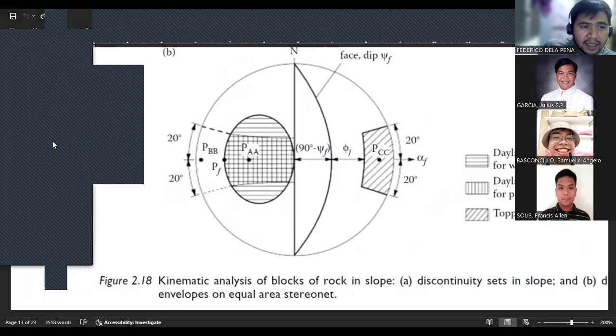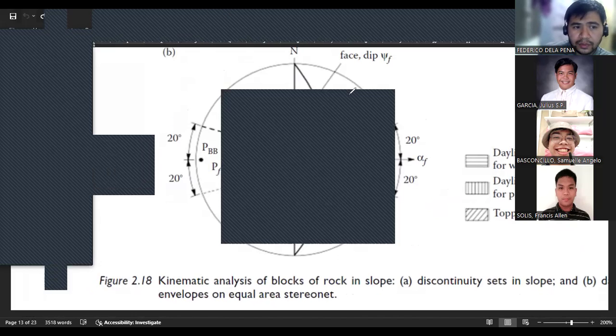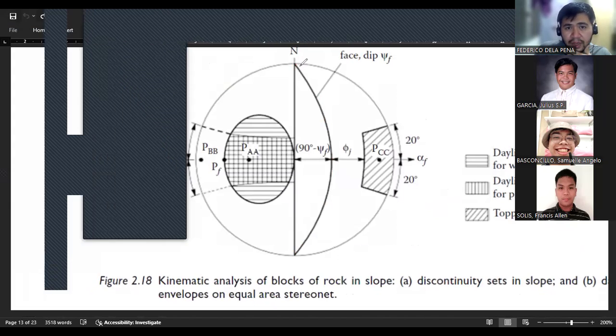All right, let's discuss this figure. If this is the arc plot of your slope face, okay, this red line, no, sorry, I think it should be brown. So let's color this one brown. This is the slope face direction.